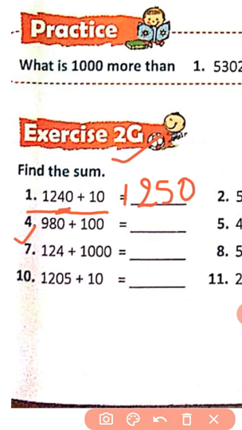Next, when we add 100 to any number, if there is no regrouping, the ones place number and tens place number will be the same, and the hundreds place number, suppose it is 9, then 9 plus 1, increases by 1. Okay, if there is regrouping, then the hundreds place digit will change.